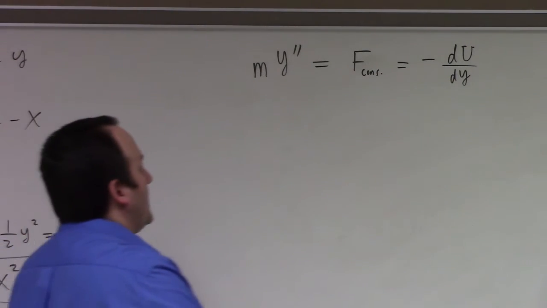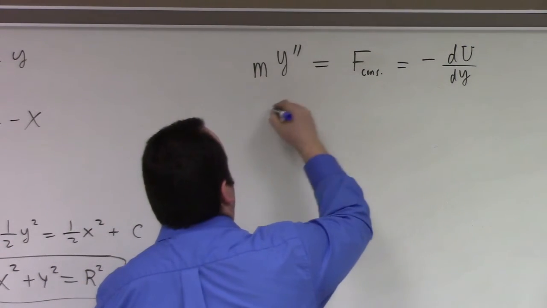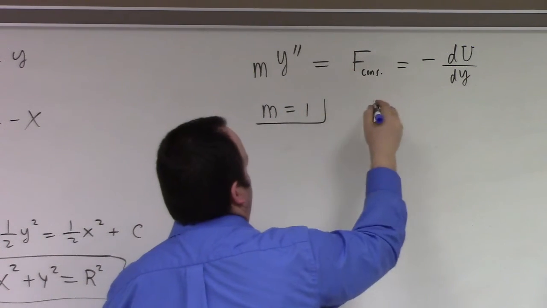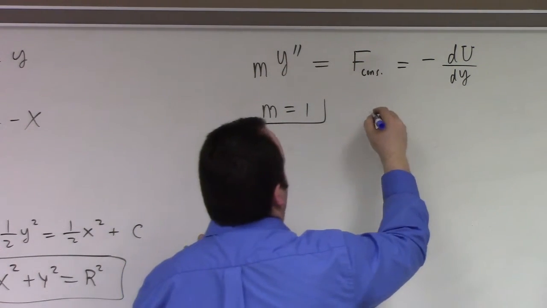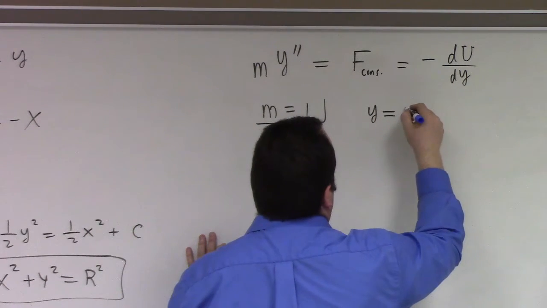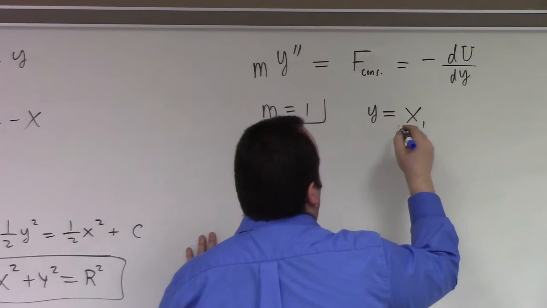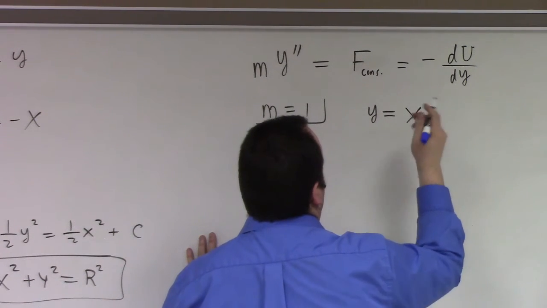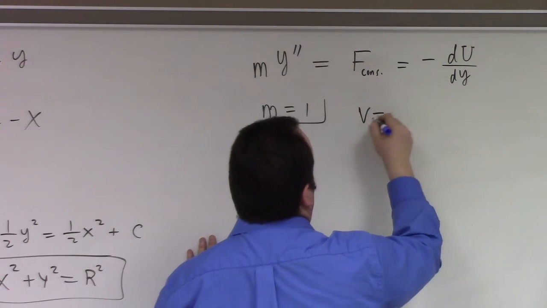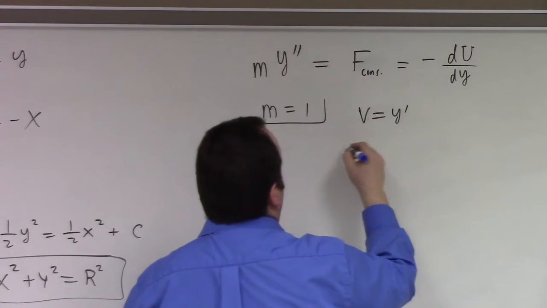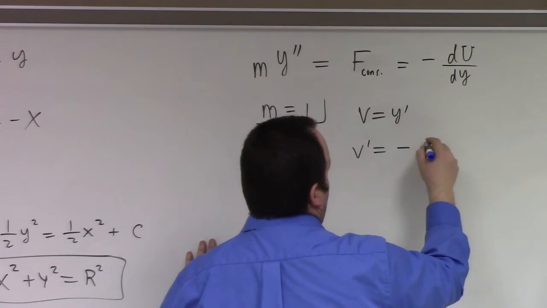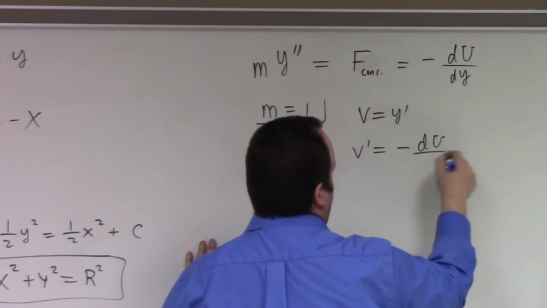And so let's just say m equals 1 to keep things easy. Keep y. But let's let v equal y prime, right? Then what do we have? v prime is what? Minus dU/dy, right?